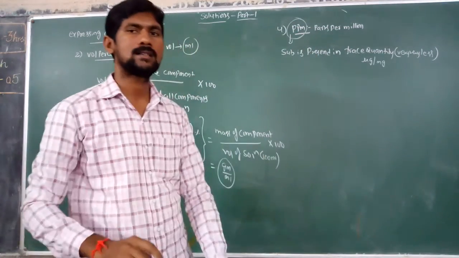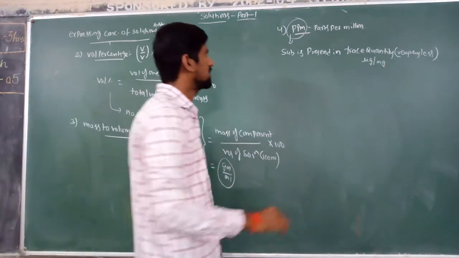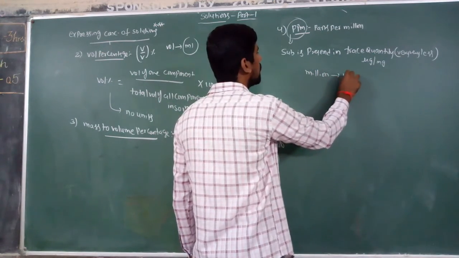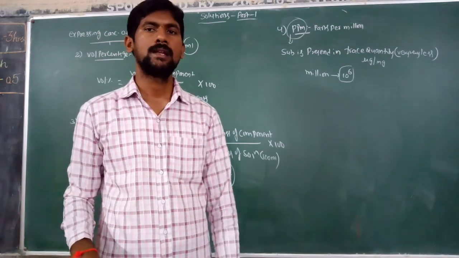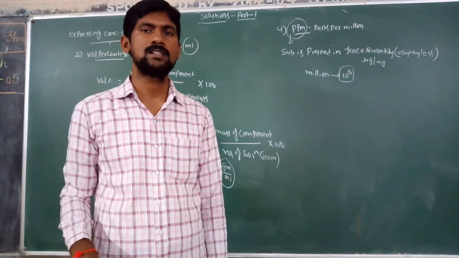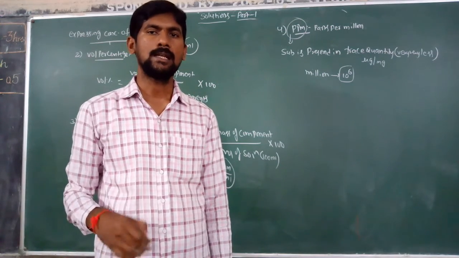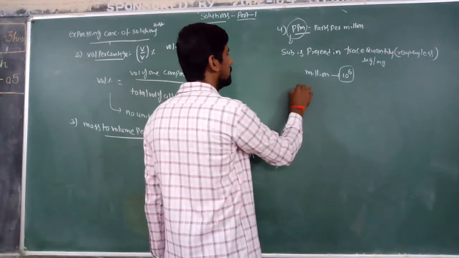Parts per million: million is 10 power 6. So what is parts per million? The amount of substance in grams in 10 power 6 grams of the sample.